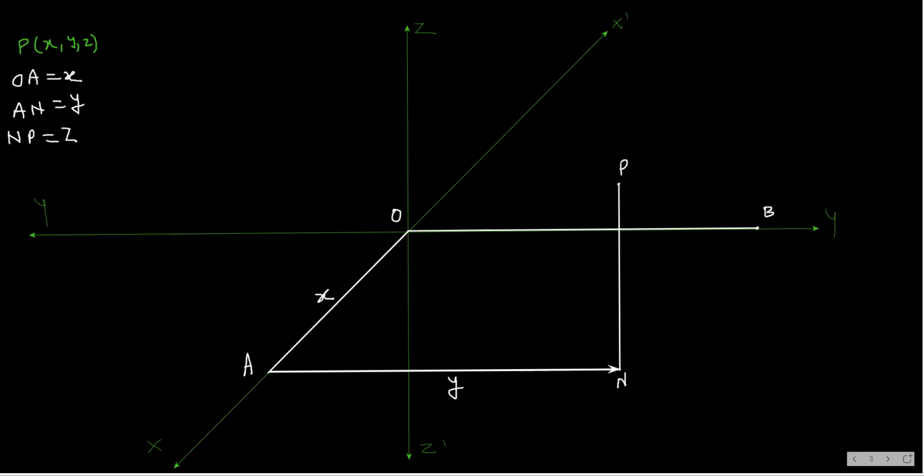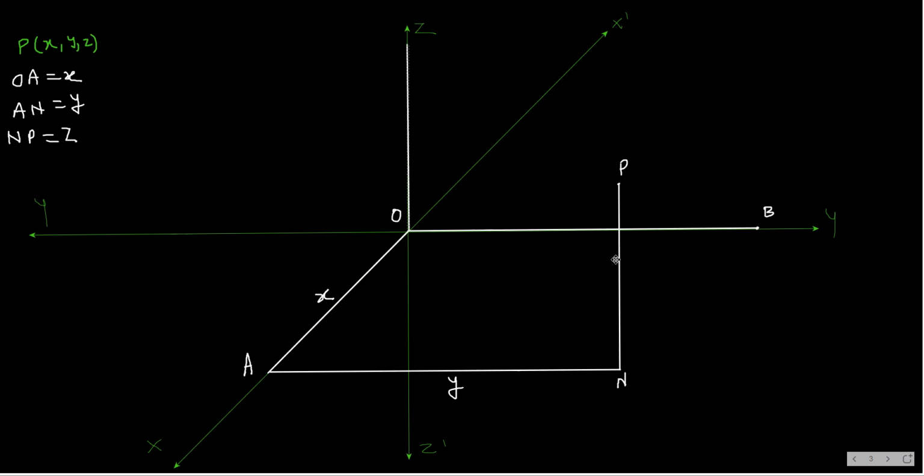Next, now I have the NP. NP here, and NP here is equal to Z. This is Z, right?